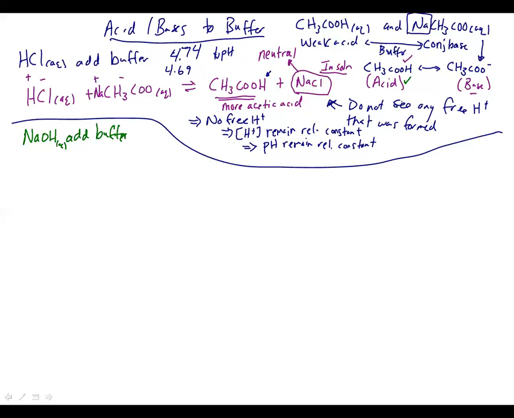So we get that acid-base reaction that occurs. The sodium hydroxide will react with the acid part of the buffer, and we're going to generate water and a little sodium acetate.